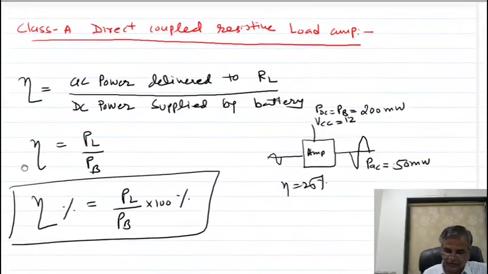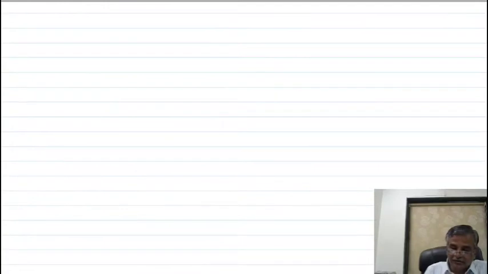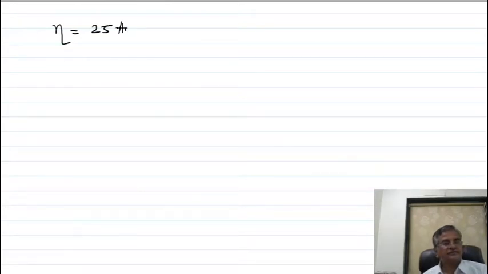Now here I have written class A direct couple resistive load amplifier. All of you are knowing the efficiency of class A direct couple amplifier is how much? 25%. Only 25%. Means it is very low.